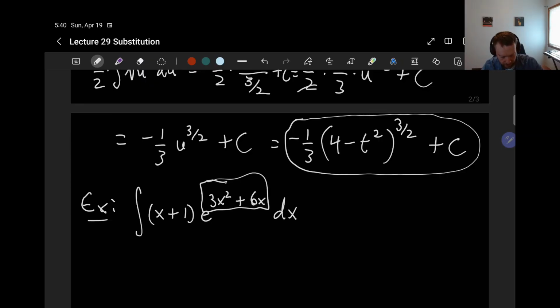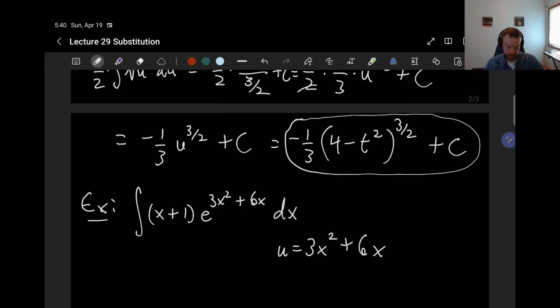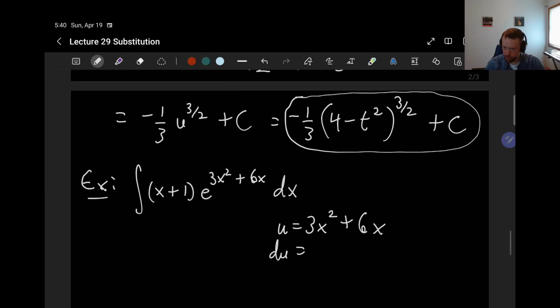This is getting plugged in into the e. So let's try it, see if it works. So I find what du would be, which is the derivative of u times dx. It's 6x plus 6 dx.